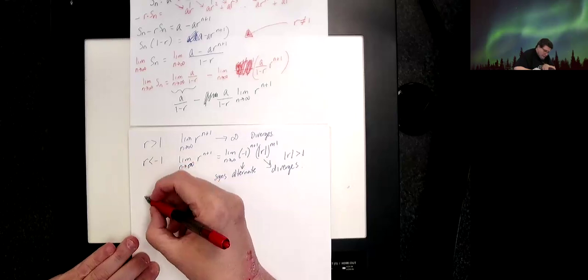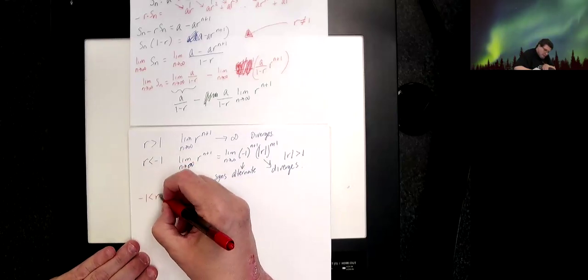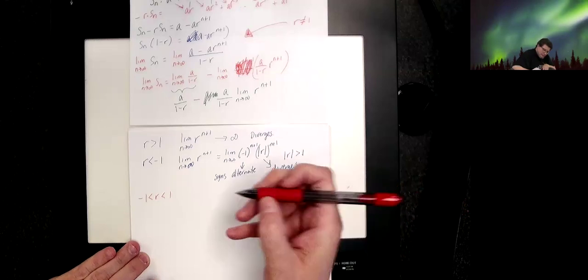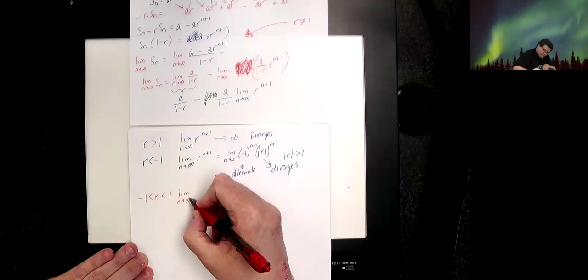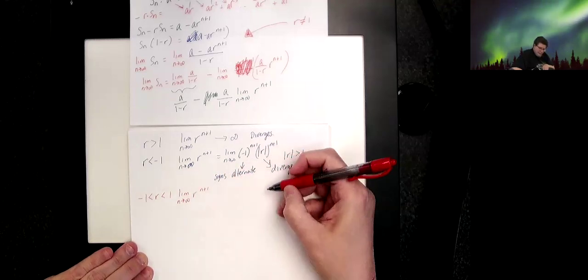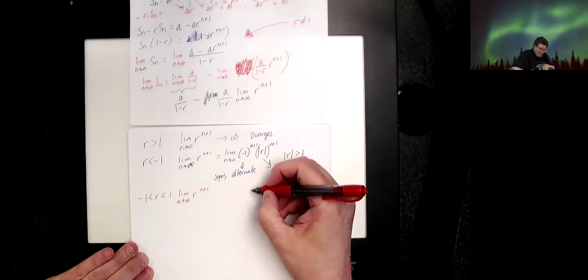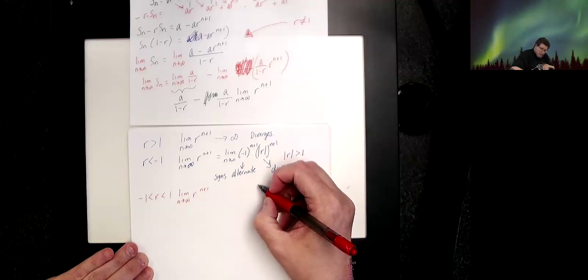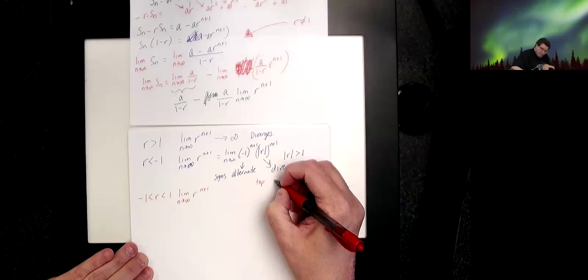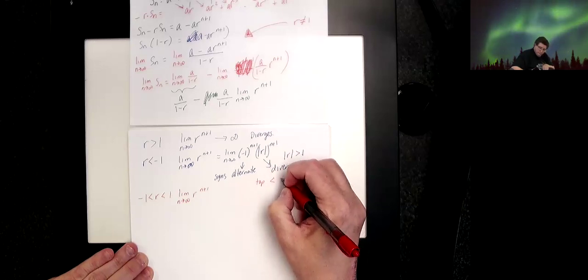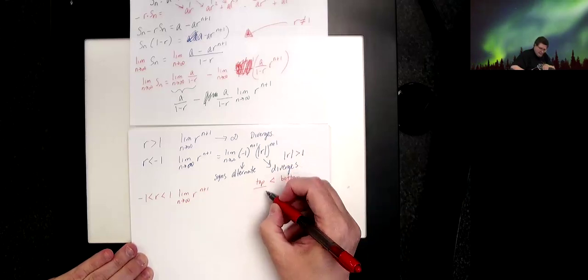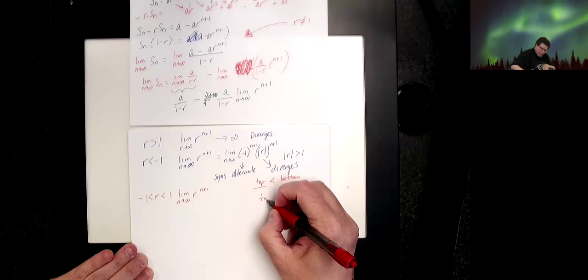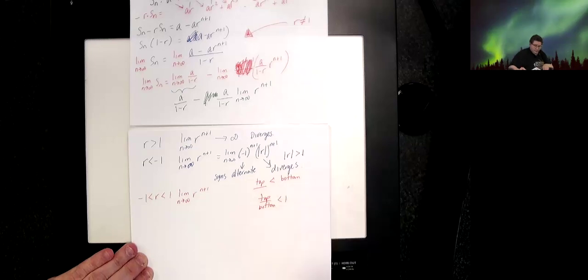But if r is between those, this means that we have a fraction where the top is smaller than the bottom, i.e., numerator over denominator is less than 1.